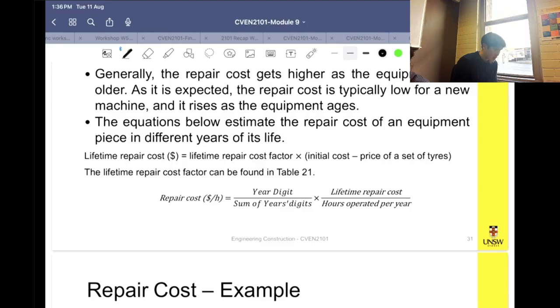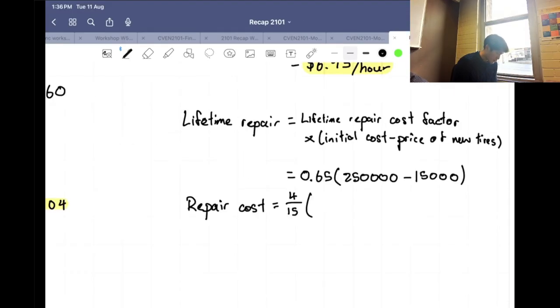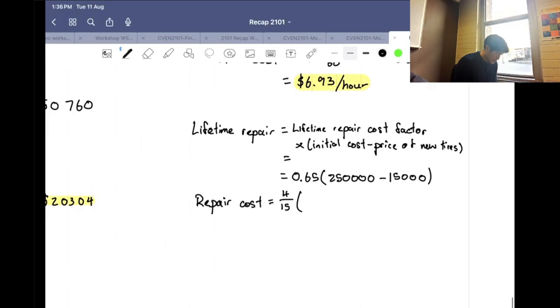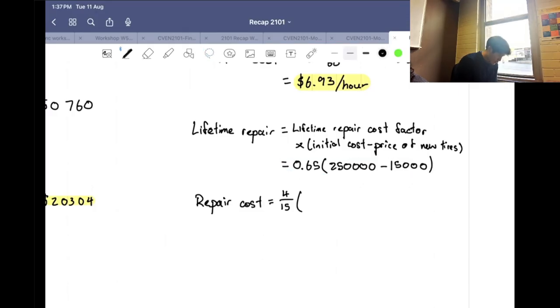So lifetime repair cost, which we calculated before, which was this thing, should give you 15,000. So that should be your lifetime repair cost.